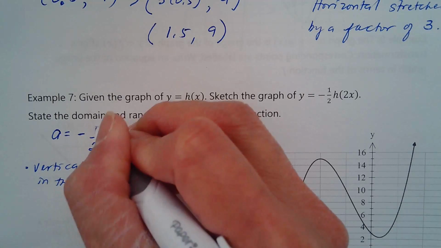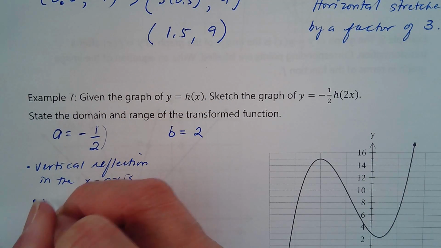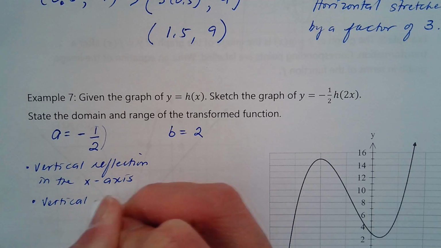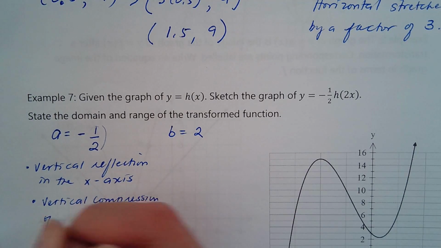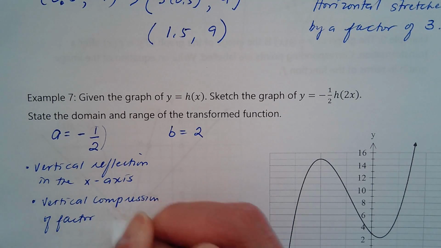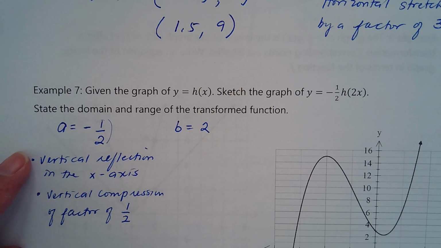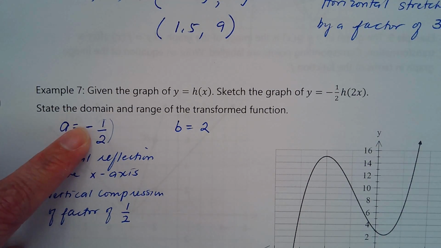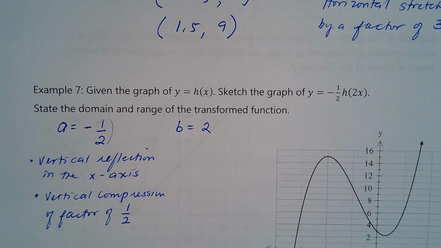And the 1/2 part of that just tells us a vertical compression of a factor of 1/2. So the negative talks about the vertical reflection, and the 1/2 talks about the vertical compression.